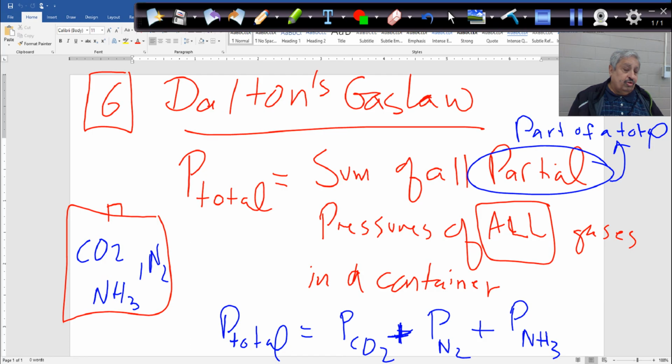And if you have more, then you can add them up, plus whatever gases you have. Okay, guys, so the total pressure of gases confined in a container will be the sum of all their partial pressures inside this container. Okay, guys?